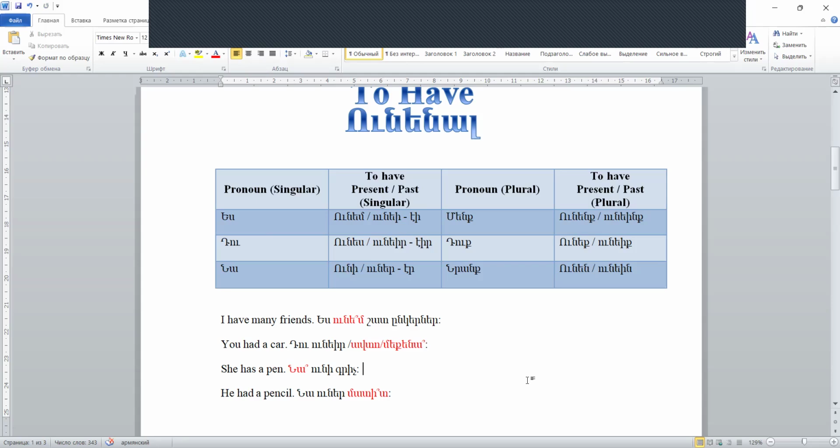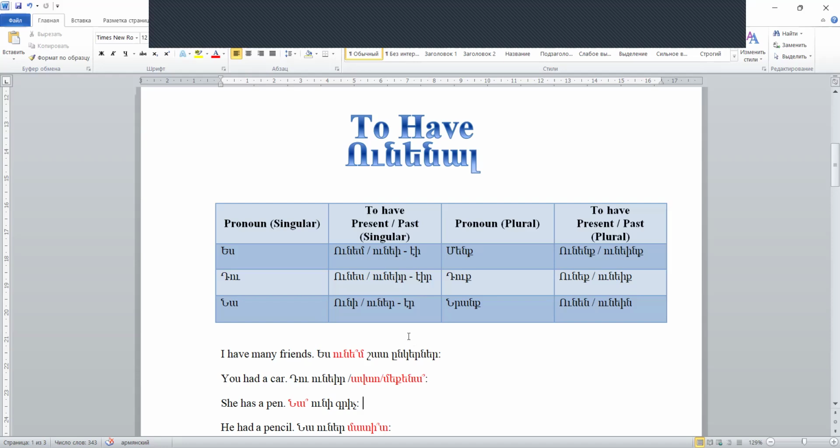Okay, so once you know the auxiliary verbs in Armenian, both in present and past tenses, it becomes easier for you to conjugate the verb to have. The only thing you need to remember is that the auxiliary e changes into ye for the verb to have.